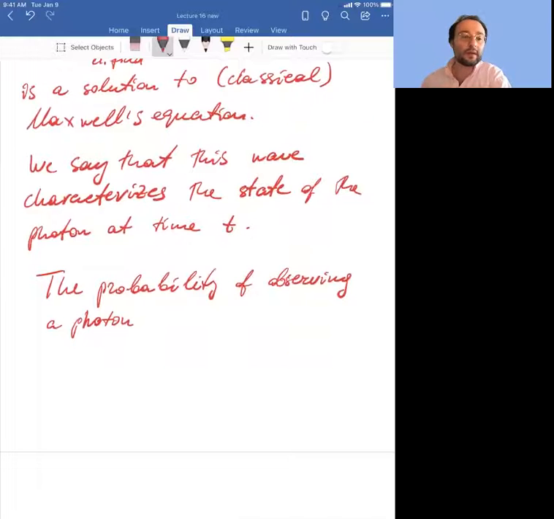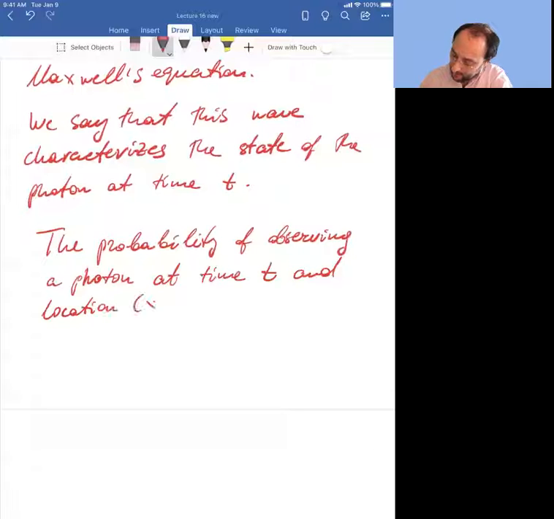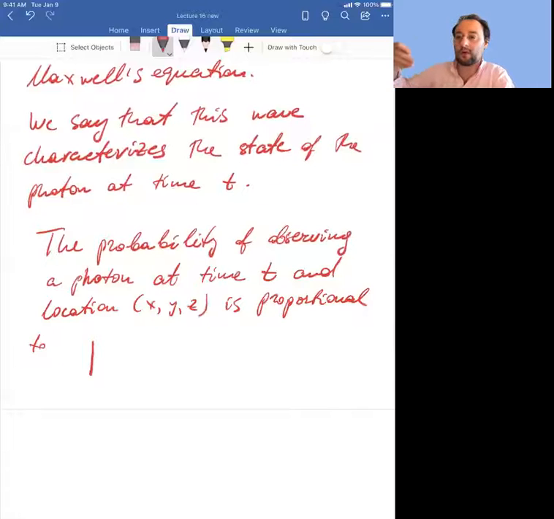For a photon, the probability of observing it at a given time t and location x, y, z, a point in space, is proportional to the square of the magnitude of the electric field. So that's how we use the electric field.